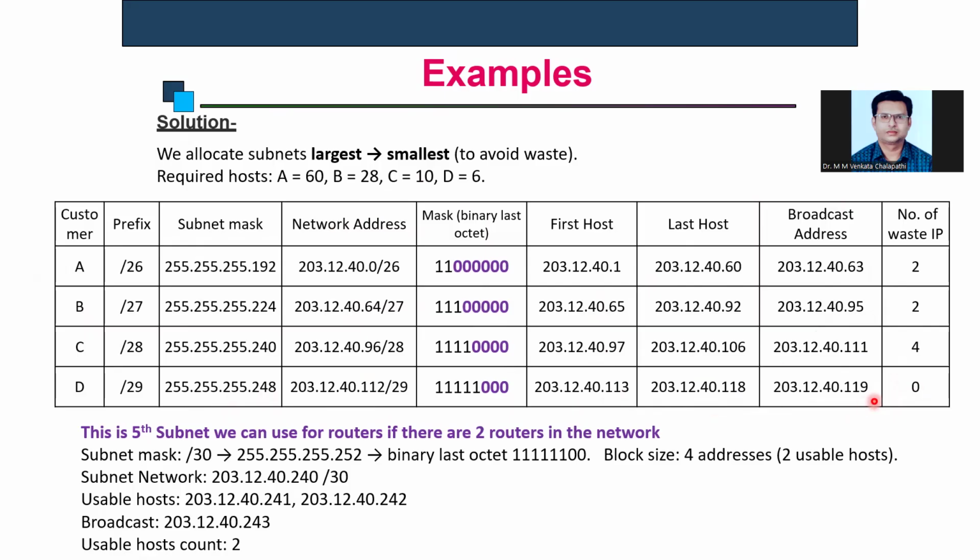So instead of wasting them, I am using a fifth subnet to connect two routers when we create this network on Cisco Packet Tracer.